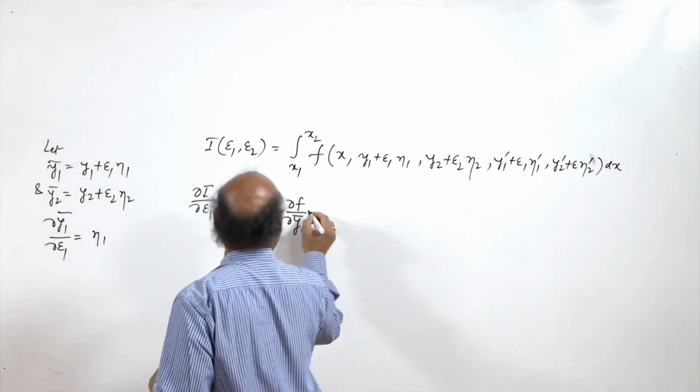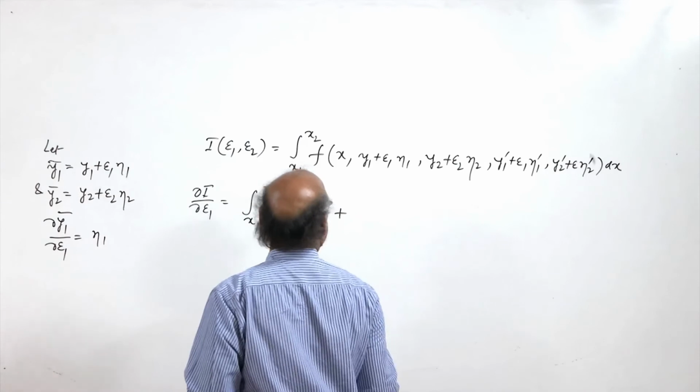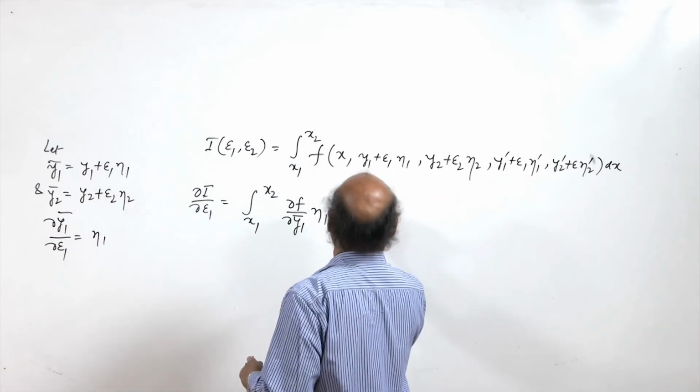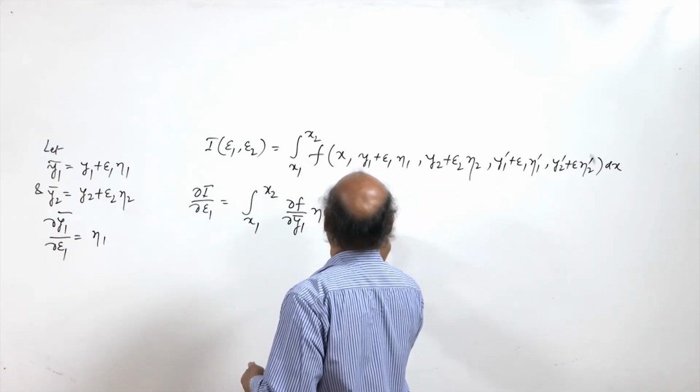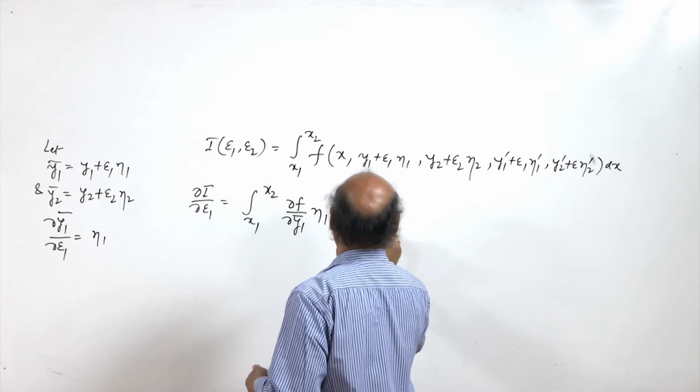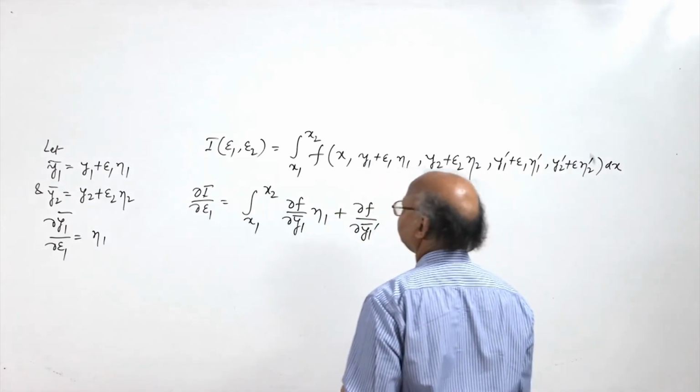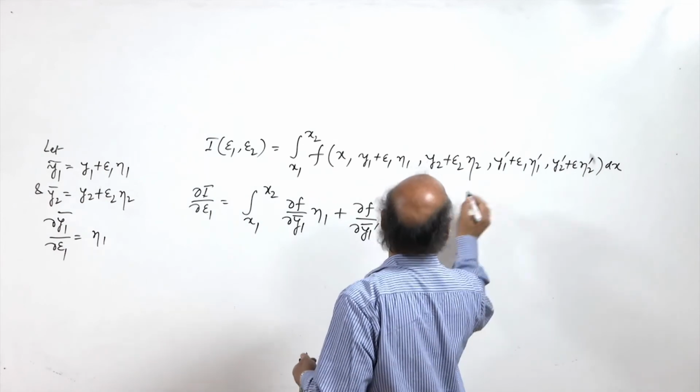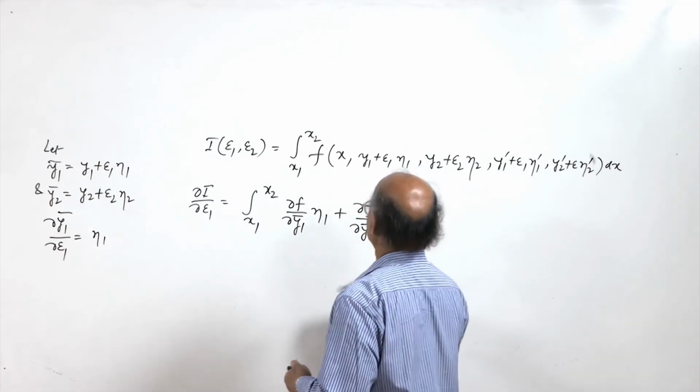So we shall have eta 1, and then partial f over partial y1 bar dash into eta 1 dash.